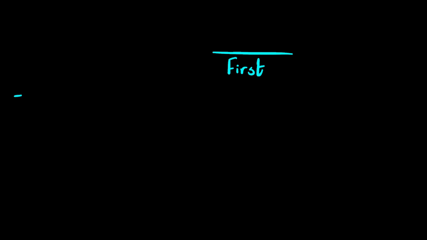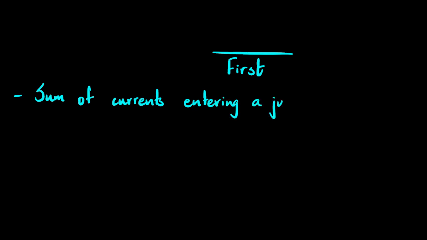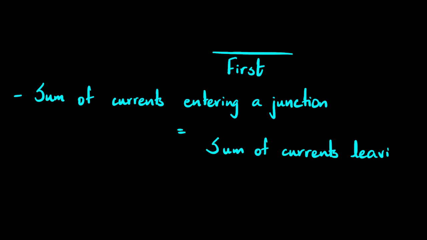So some of you might say that the sum of currents entering a junction, right, so all the current which is entering at a certain point, equals the sum of currents which are also going to be eventually leaving the junction.